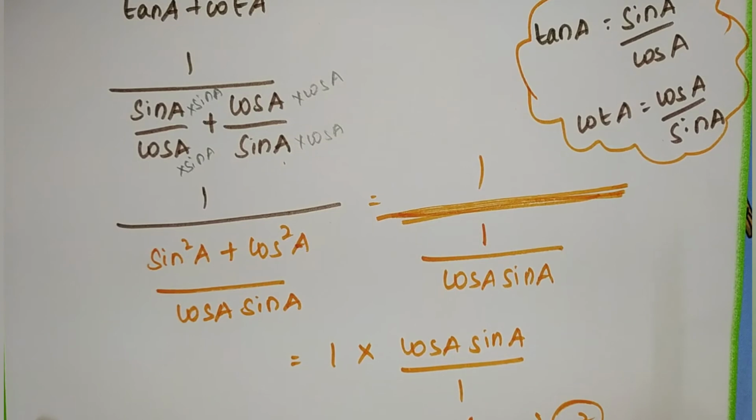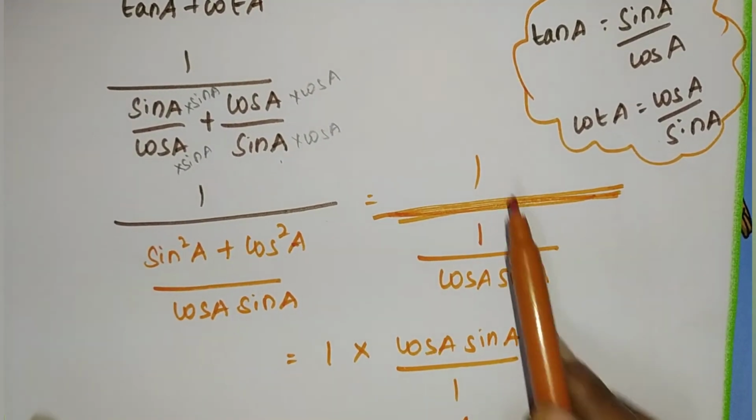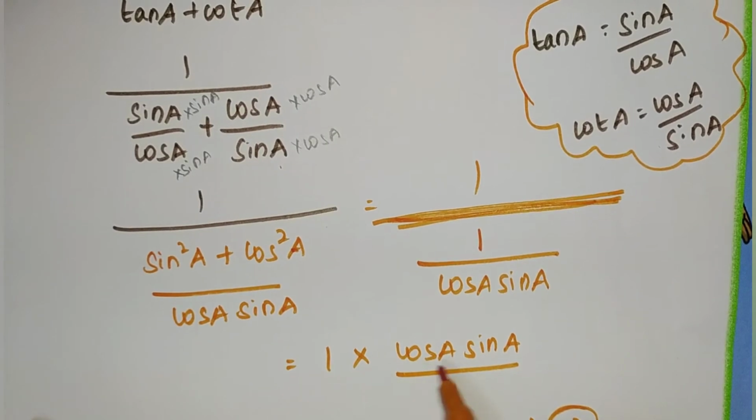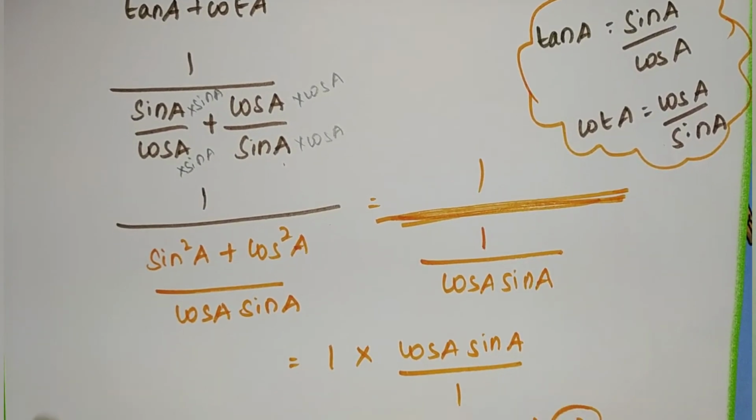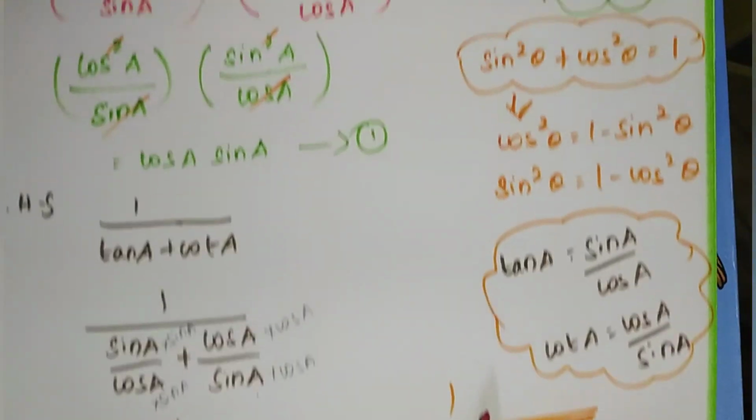But you have to choose the correct identity. 1 divided by cos A sin A, take the reciprocal to change into multiplication, cos A sin A divided by 1. So therefore the answer is cos A sin A. Are you all clear, children?